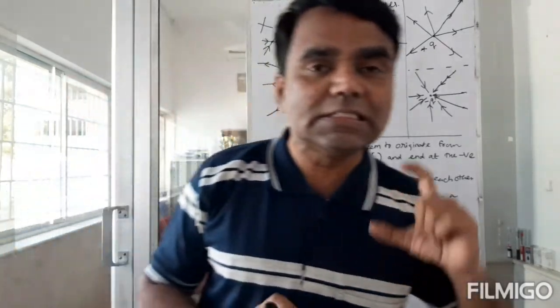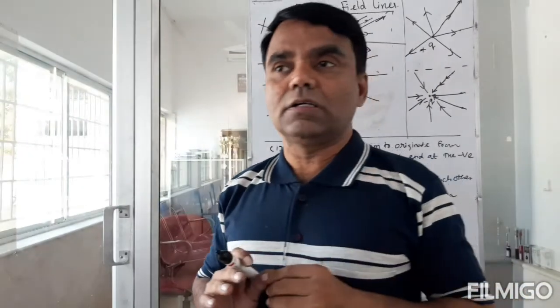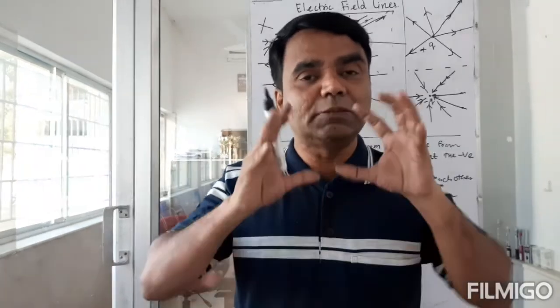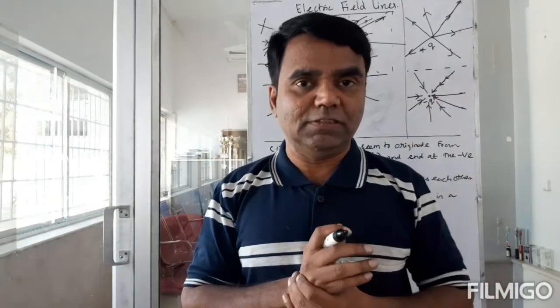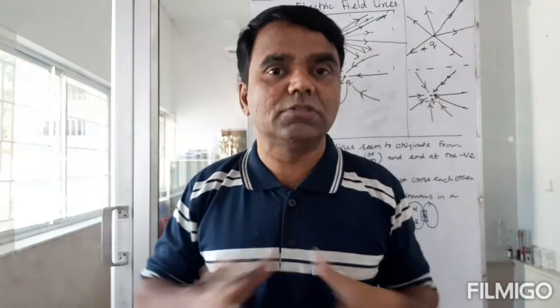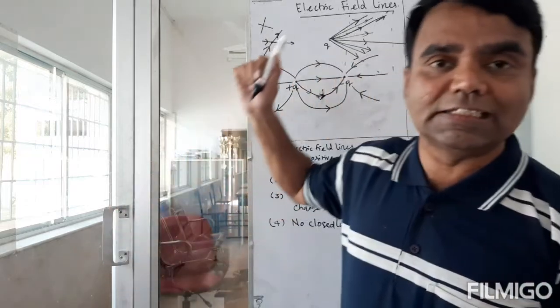To summarize, electric field lines are a mechanism with which we represent the electric field of a charge. The electric field is nothing but the influence of the charge around itself that can be pictorially represented using electric field lines.